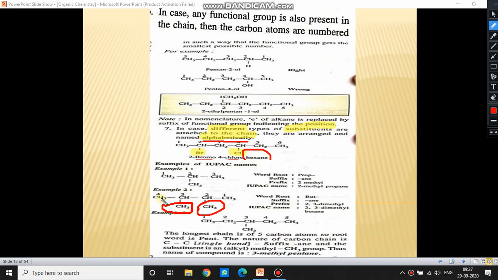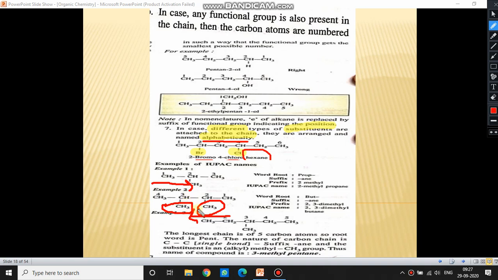So whether you do numbering this way or in this manner, it doesn't make a difference. These two will get number 2 and 3. So these are the 2 methyls which are not coming in your chain, and their location is at number 2 and at number 3.